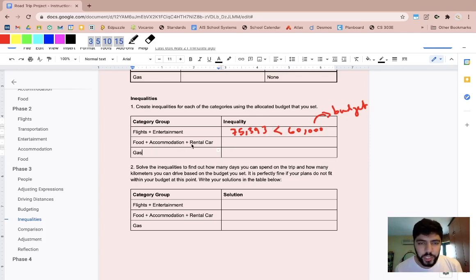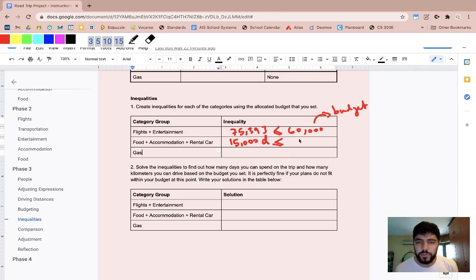And let's say for food, accommodation, and rental car, once I added all the expressions up, I got something like 15,000D, and then I would say is less than, and we're always going to be using the less than sign because we have to spend less than our budget. Actually, less than or equal to. That would be more accurate.